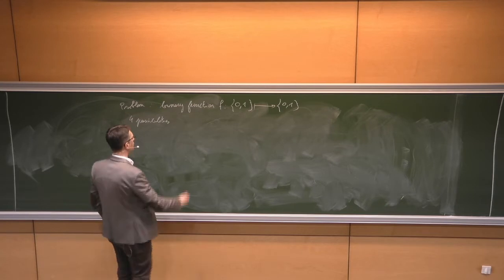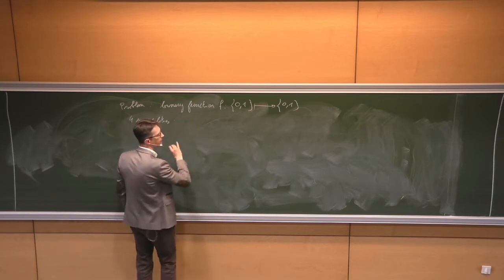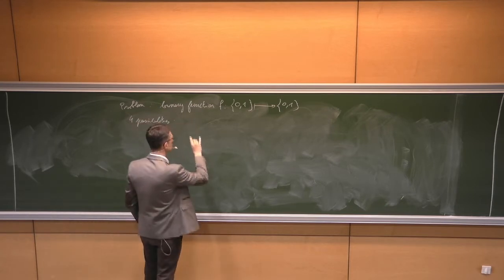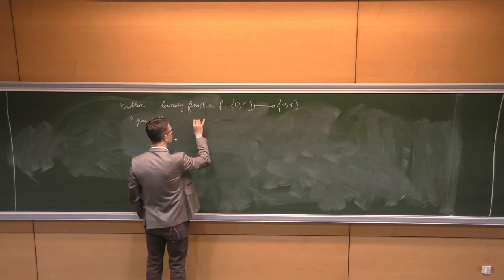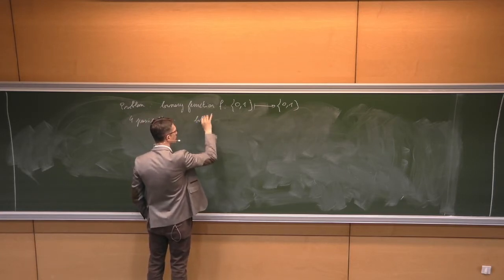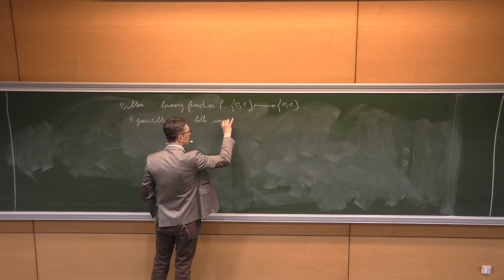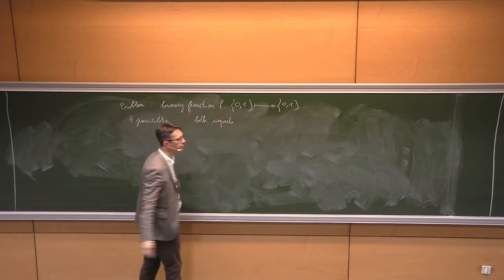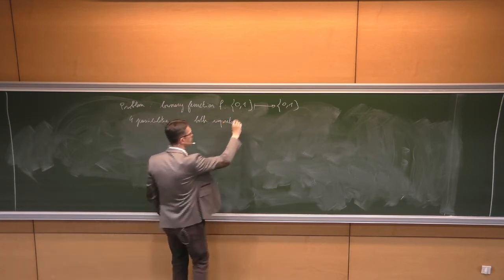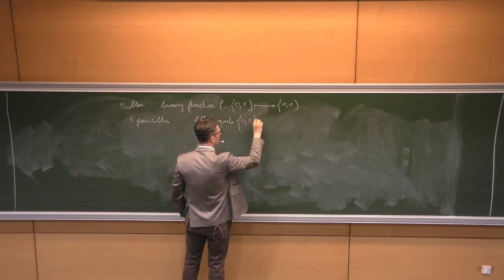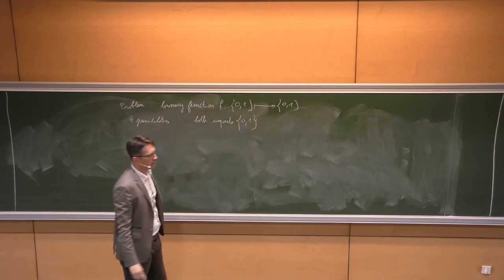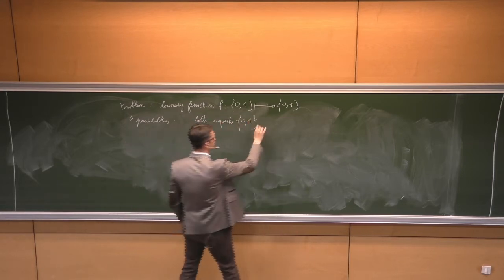So the 4 possibilities: the first one is that both inputs, 0, 1, will give me 0.